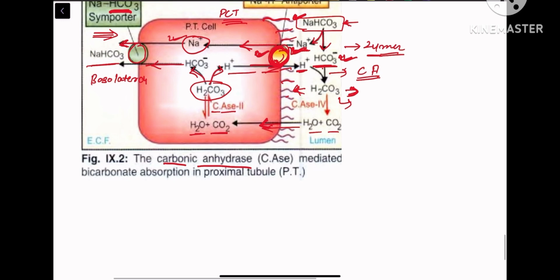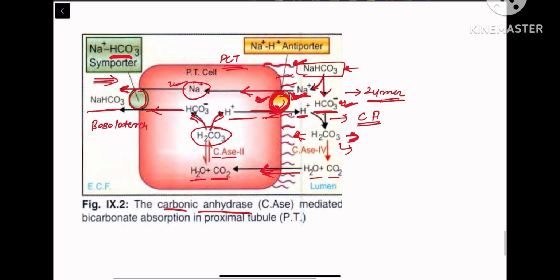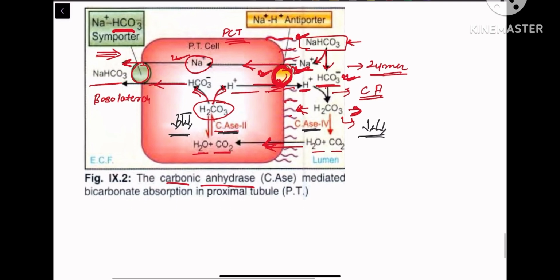Now we will discuss how it is inhibited. So what happens? The carbonic anhydrase inhibitor acts on the enzyme and reduces this process. Okay. So here the bicarbonate is accumulating, H plus is accumulating and sodium plus is accumulating.